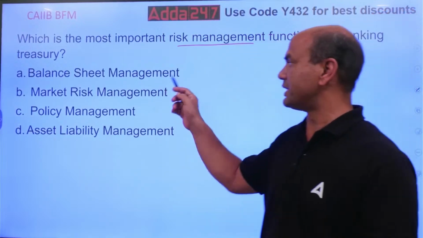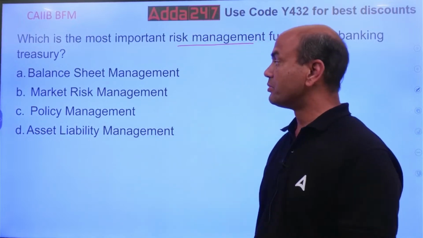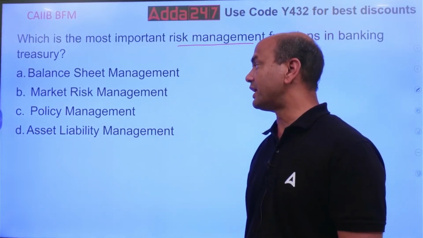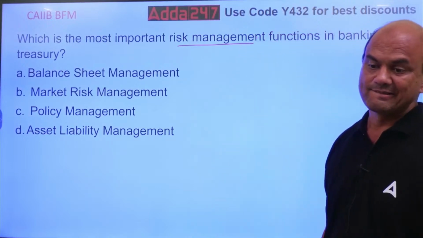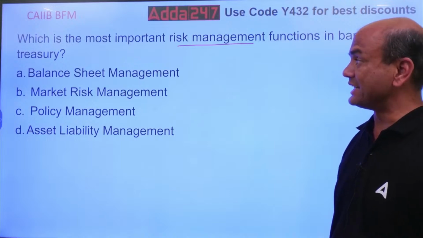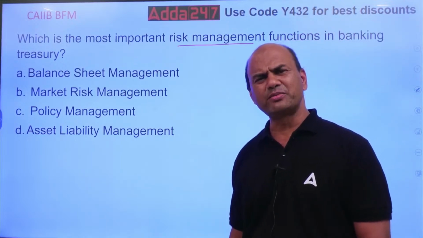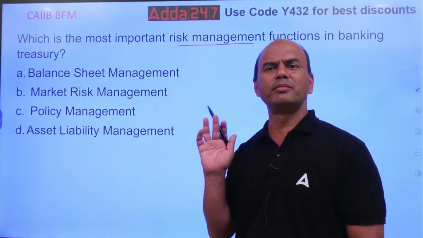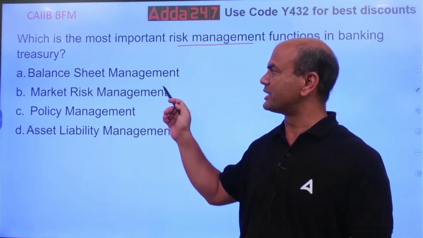The options are balance sheet management, market risk management, policy management, and asset liability management. Think over it. Now, as the topic is risk management, treasury risk, many of you might have first made it in your mind: risk. This will be the answer. Risk management.